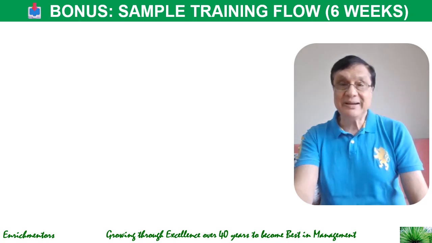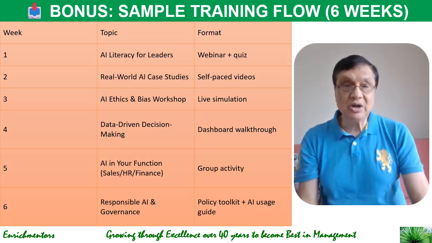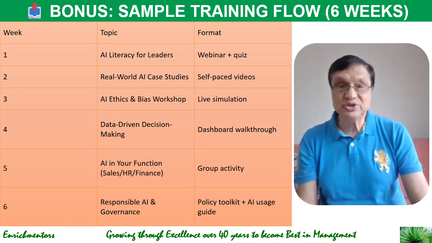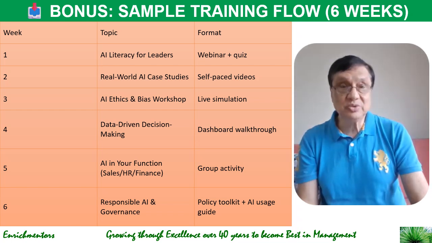Let's also look at a sample training flow in 6 weeks. In week one, you could talk about AI literacy for leaders using a webinar plus quiz format. In the second week, you could have real-world AI case studies, which are self-paced videos. In the third week, you could look at an AI ethics and bias workshop with a live simulation.